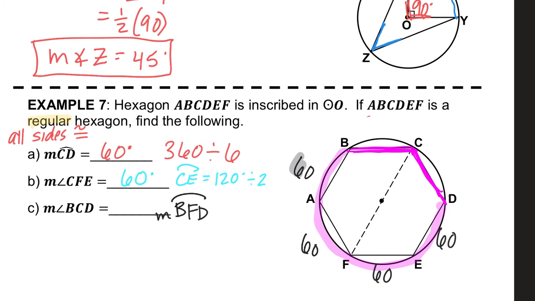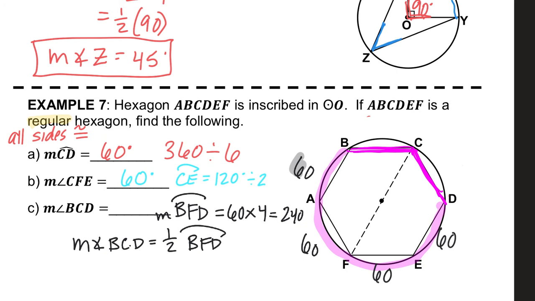And I should be putting a measurement of it, that 60 times 4. That will give us 240 degrees. Our inscribed angle, measurement of angle BCD, is going to be half of arc BFD. So we're going to have half of 240, and this will be 120 degrees.